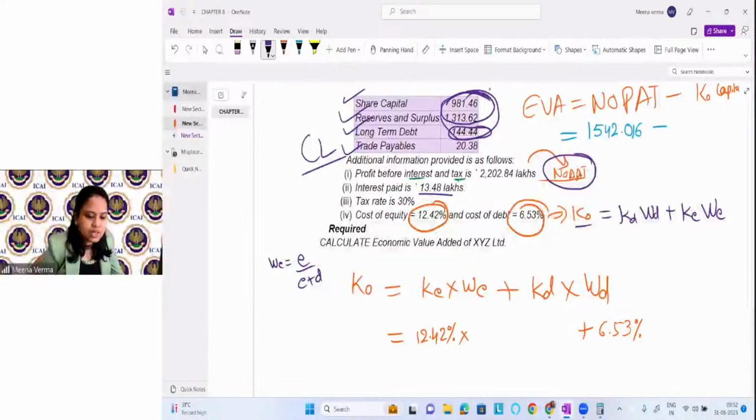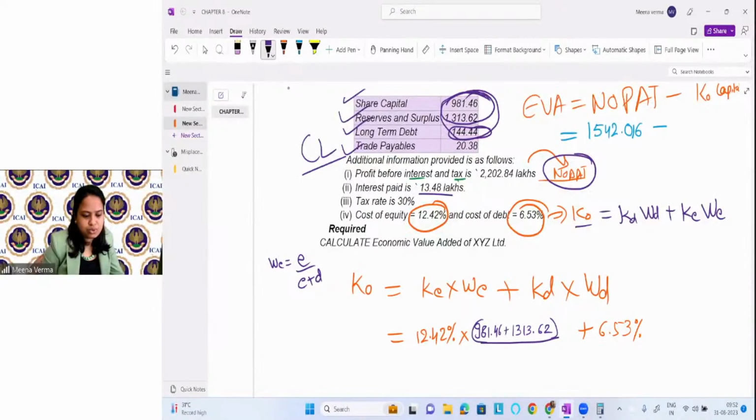So what is the equity capital here? 981.46 plus 1313.62. Equity will include the reserves also. Right, it will include both.